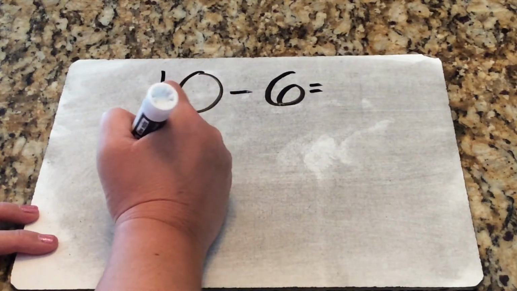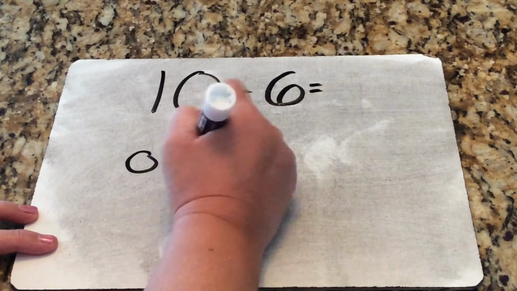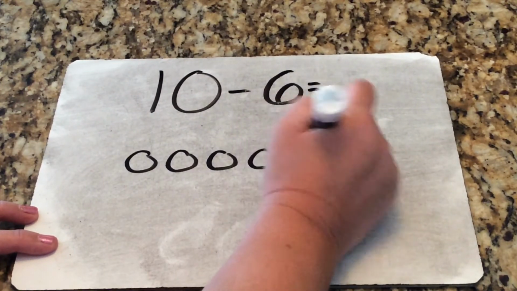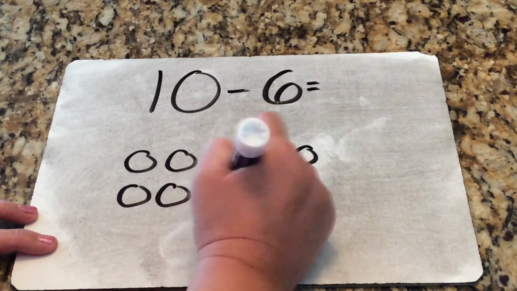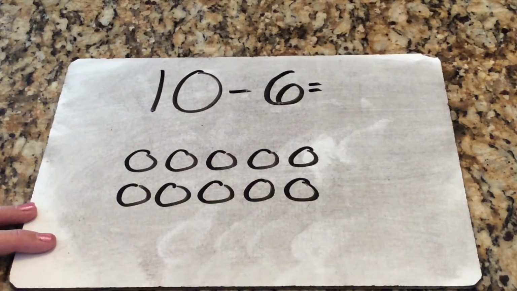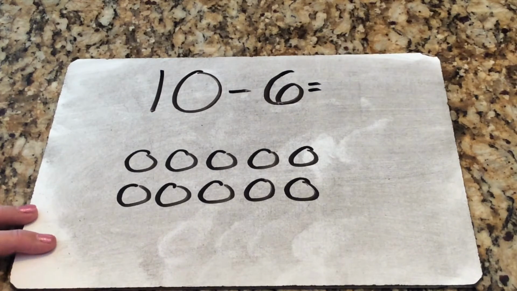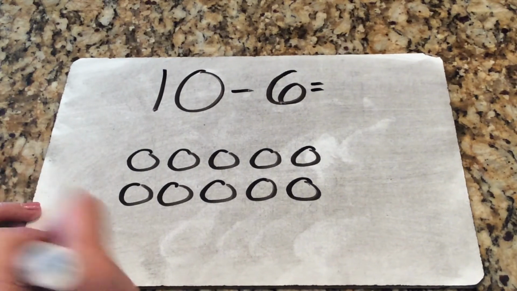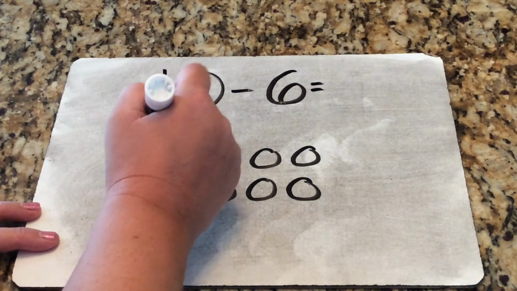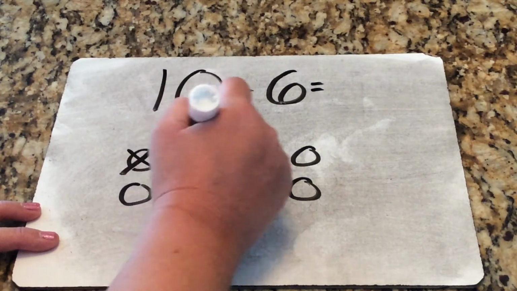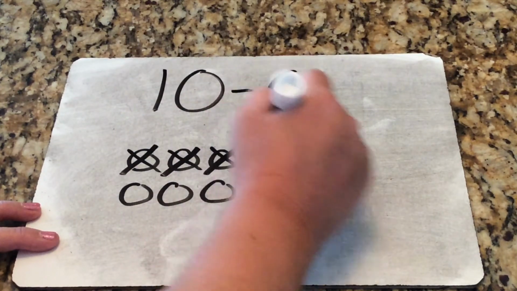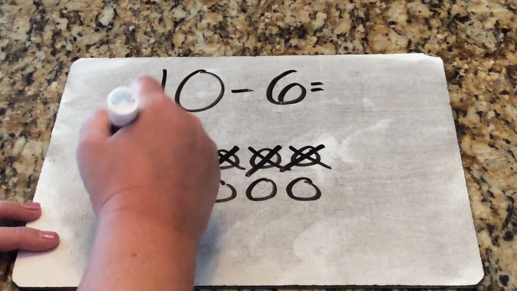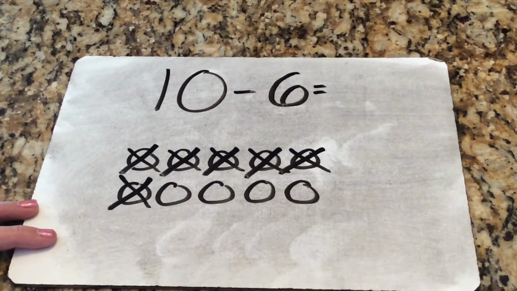And now my quick penny drawing. 1, 2, 3, 4, 5, 6, 7, 8, 9, 10. There's the 10 pennies in my pocket. Now I paid 6 for a candy bar, so I have to make them disappear from my pocket. 1, 2, 3, 4, 5, 6 gone. Paid for the candy bar.